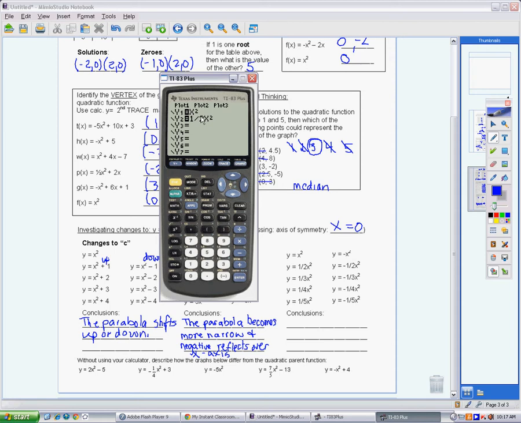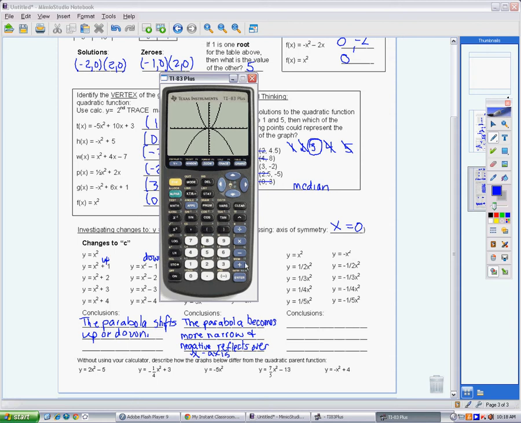Okay, well, what if I change it to 1/3? It becomes even more wider. What if I change it to 1/4? It becomes even more wide. What happens if I change the sign? Well, it stays wider, but now it flips.